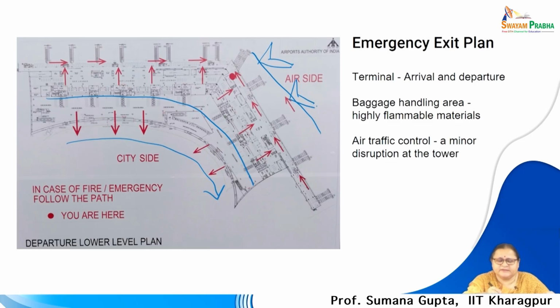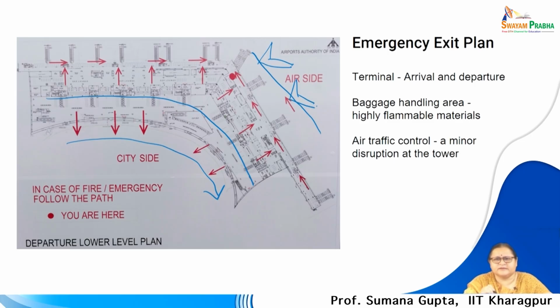Also, when they are in the aircraft, they cannot exit on their own, or when they are in the process of boarding, they cannot come out from that area. So, in that case, evacuation becomes a difficult task from the evacuation point of view.